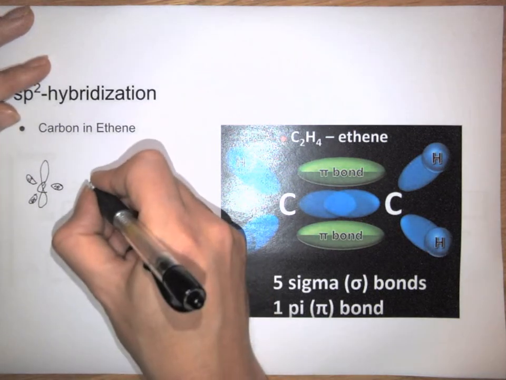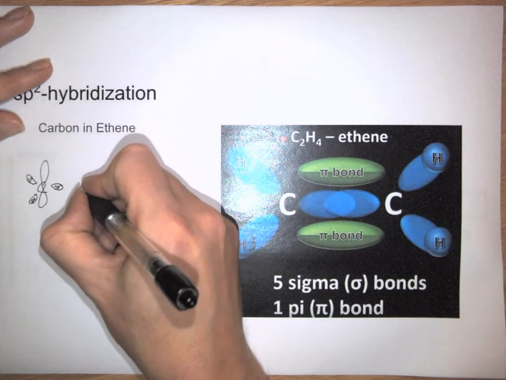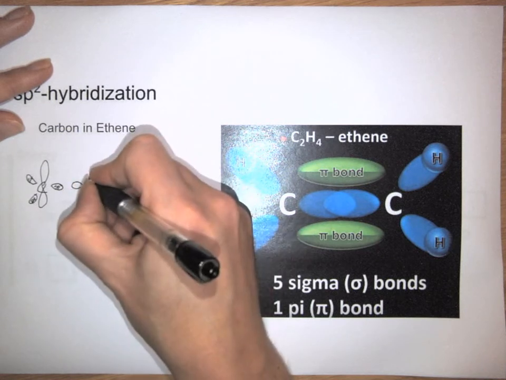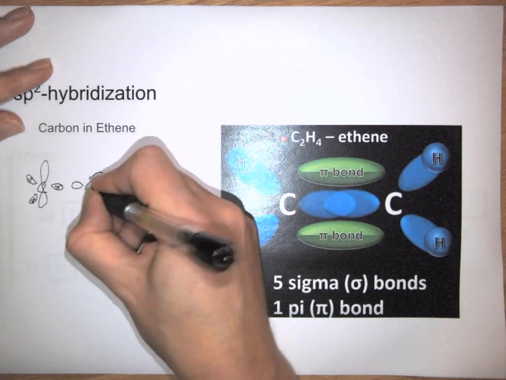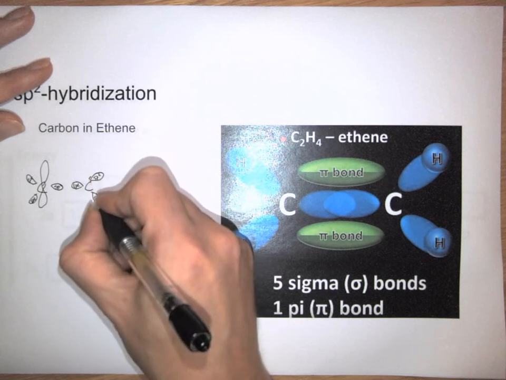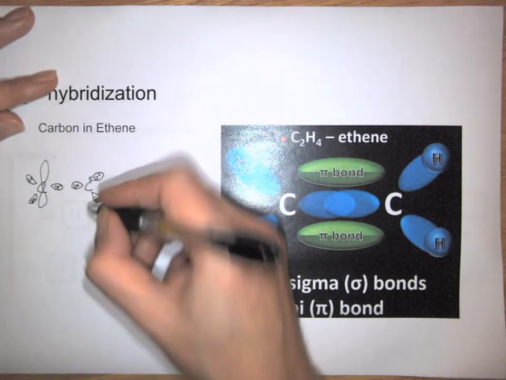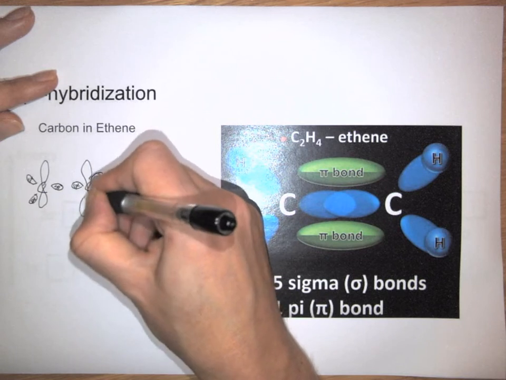And then we take the next carbon. It also has an sp2 hybridization like this, this, and this, sp2. And then 1 unhybridized p orbital that is left, so we can have it like this.